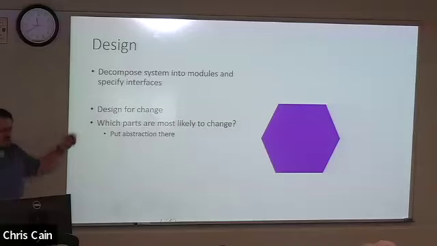So design the code and the requirements such that they're going to be changing and make it as easy as possible on future you and the developers who will be part of this project on the next iterations to make those associated changes, because you're not going to be aware of them when you're writing this code for the first time. So put abstraction where things are likely to change. That abstraction is mostly in the form of design patterns.